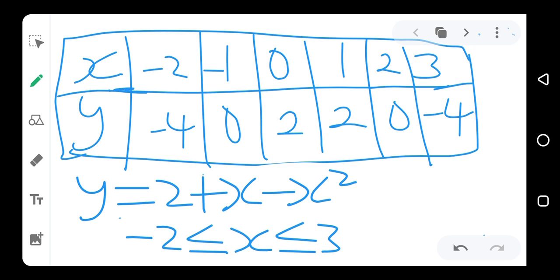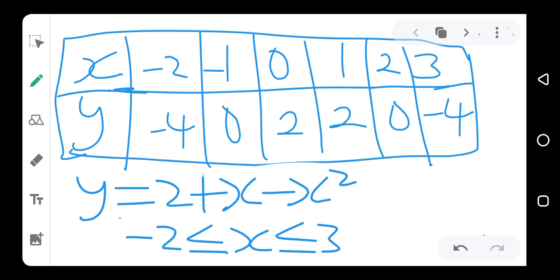So that's why I have minus 2, minus 1, 0, 1, 2, 3. They can tell us that the values of x are odd numbers, even numbers, prime numbers, or anything. But because you were not given the particular type of number that you are going to use, we assume that we are going to use only whole numbers.